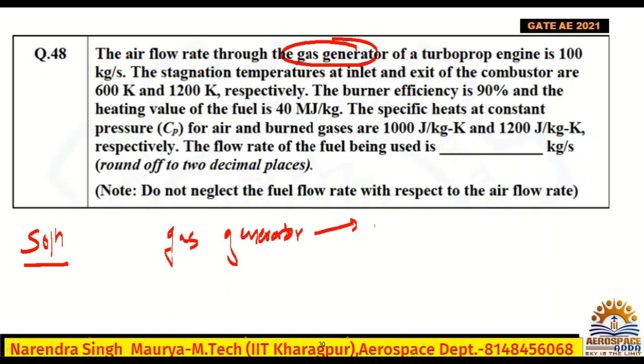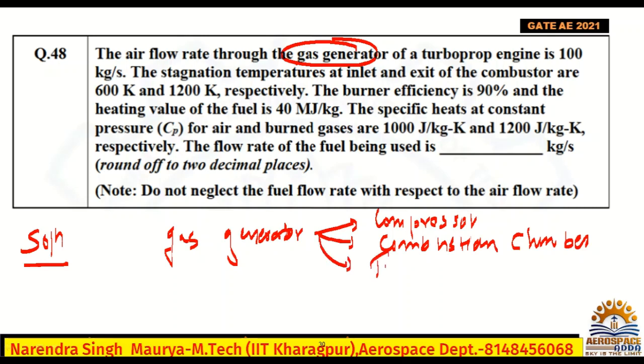Gas generator, it is the combination of compressor, combustion chamber, and turbine. We have turbo prop engine, and for the gas generator they have given airflow rate through the gas generator. So m dot a they have given how much? It is 100 kg per second.